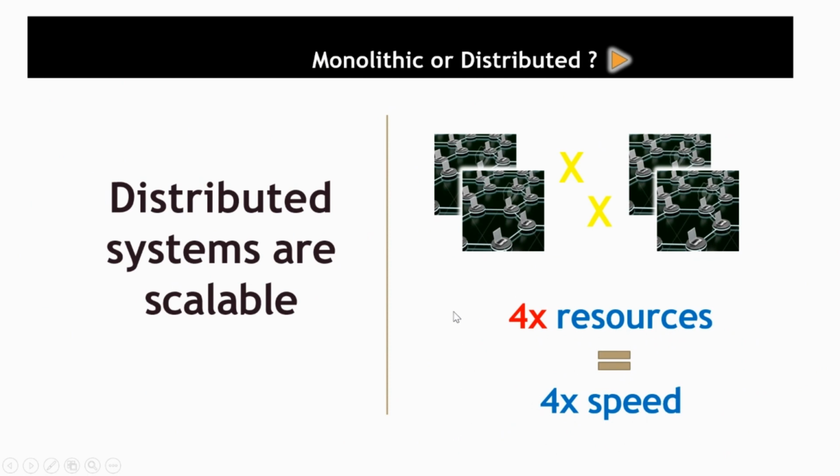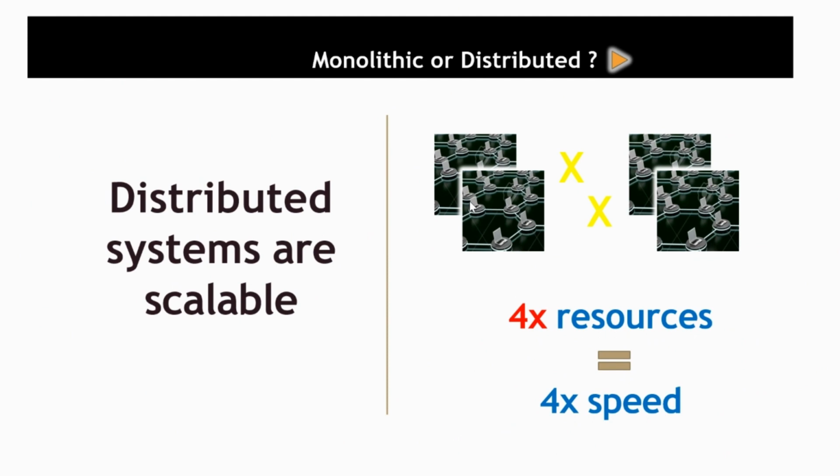Because the whole cluster will be used for parallel processing. Whenever you give any task, 4 different resources will start working on it. That is why the speed will increase 4 times.